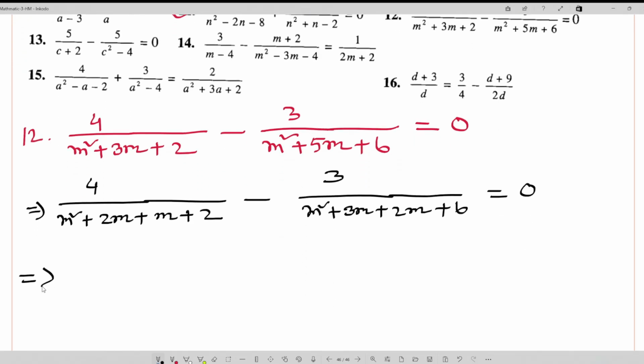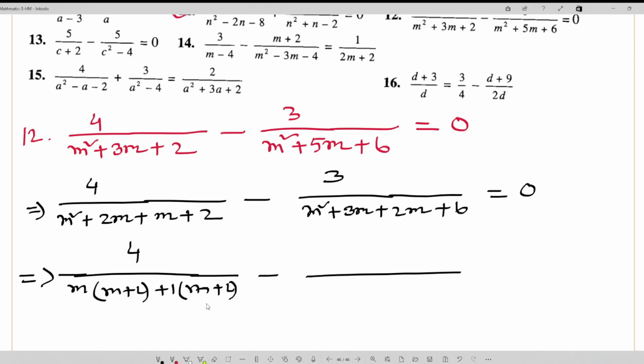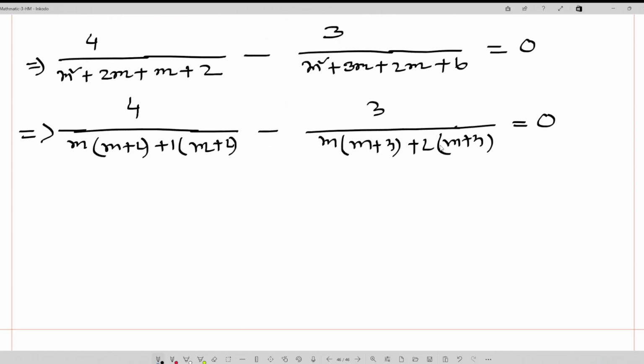Then 4 over, m common, so m plus 2, plus 1 common, again m plus 2, minus 3 over, m common, here is m plus 3, plus 2 common, m plus 3, equal 0, right?